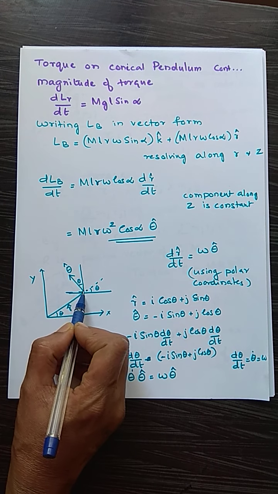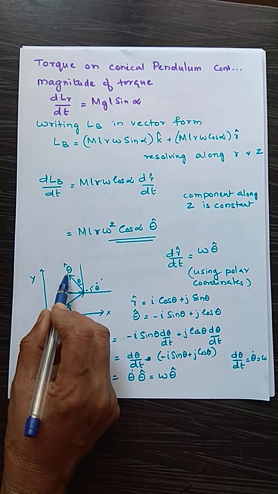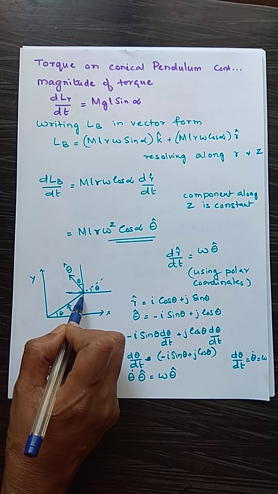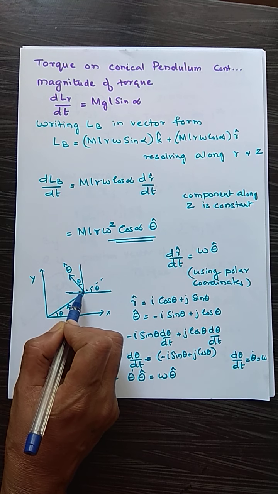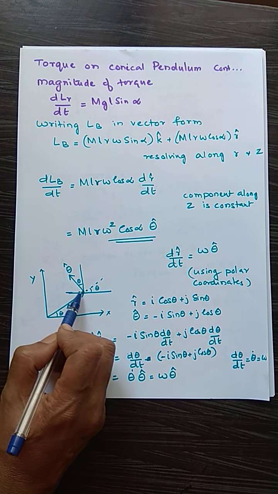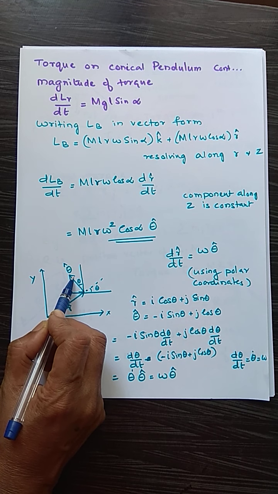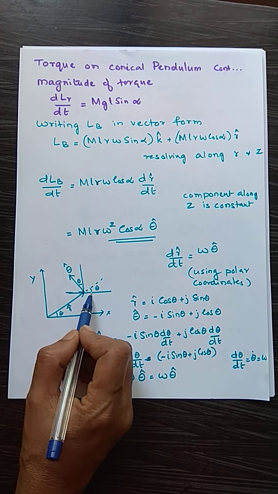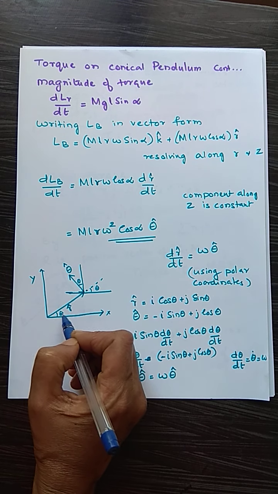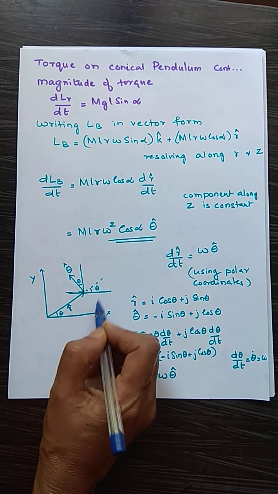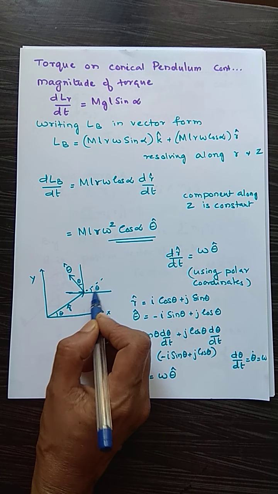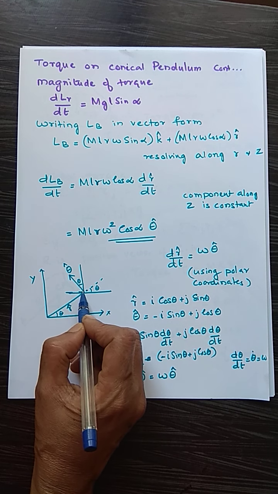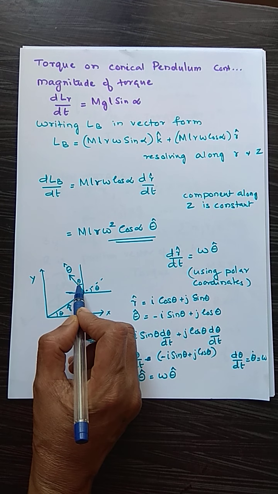Similarly, this is unit vector r and this is unit vector theta. Theta is along the direction perpendicular to the radius, the direction tangential to the rotation. We can resolve unit vector theta along the x and y directions. If this angle is theta, extending and dropping a perpendicular, this angle also will be theta.